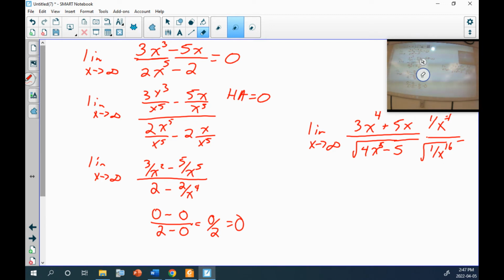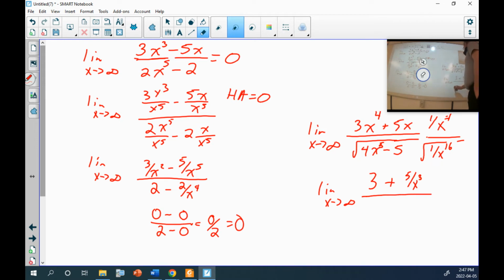So I end up with the limit as x approaches infinity of 3 plus 5 over x cubed divided by the square root of 4 over x to the 11th minus 5 over x to the 16th.